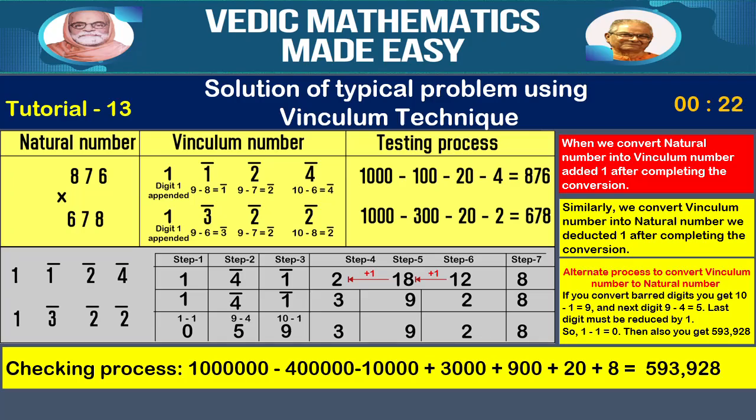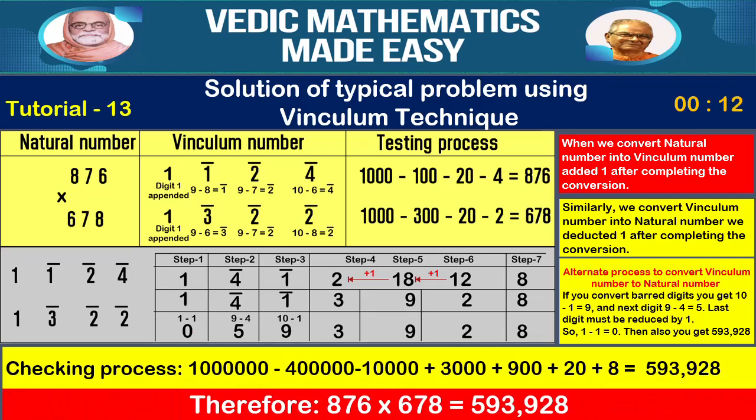And the last digit we get is 1, and hence 1 minus 1 is equal to 0. Therefore, we get the result 876 into 678 is equal to 593928. Friends, see that both are same.